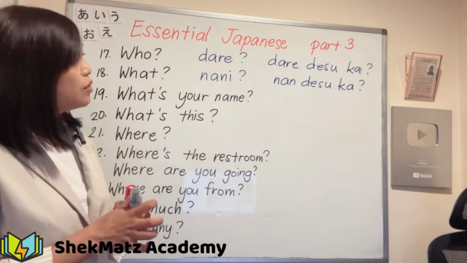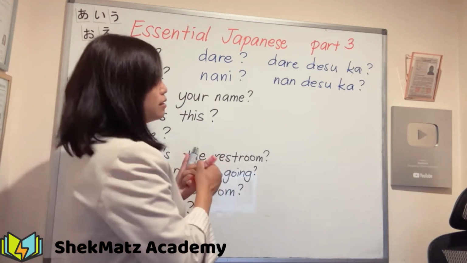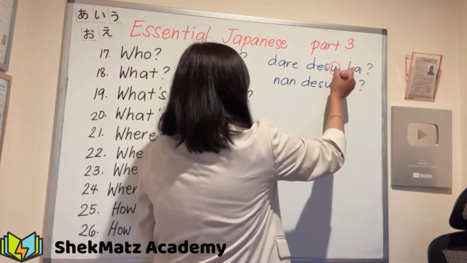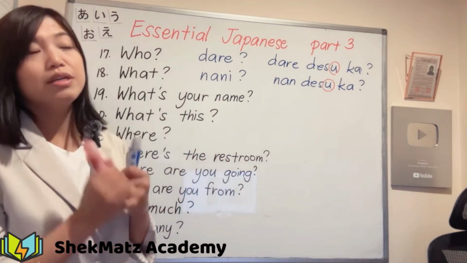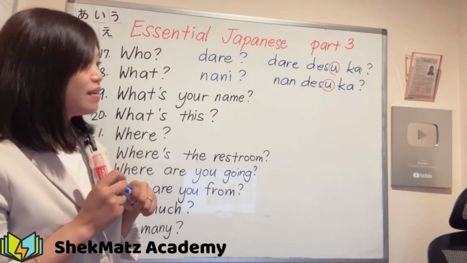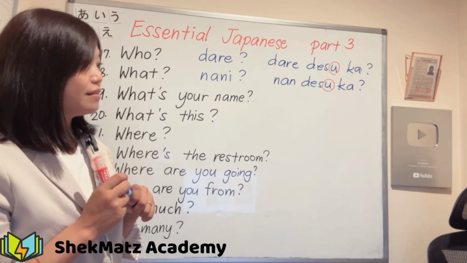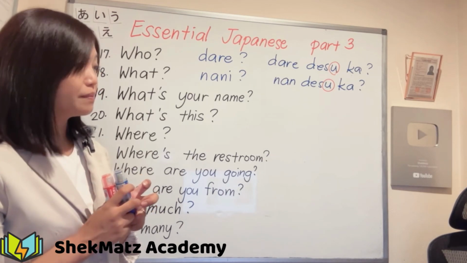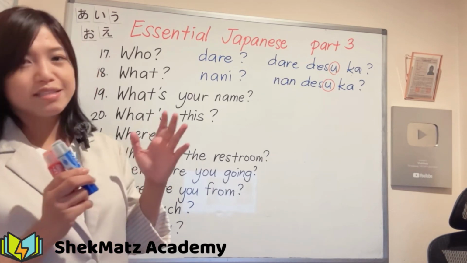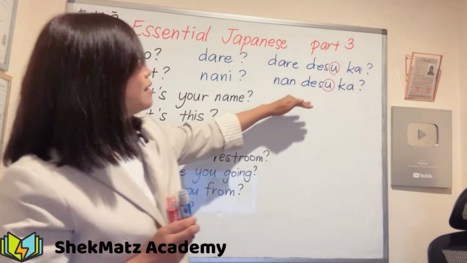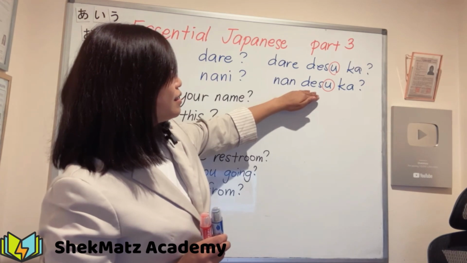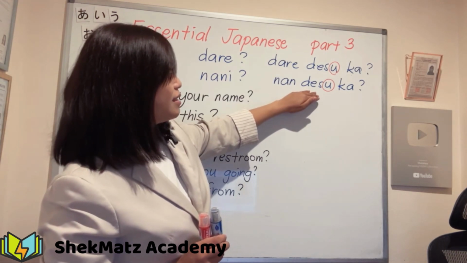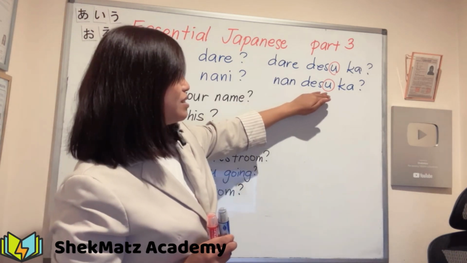Notice that the letter U sound here is not pronounced, right? It sounds lightly pronounced. It's not pronounced as desuka but just desuka.